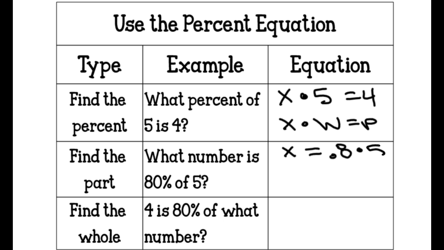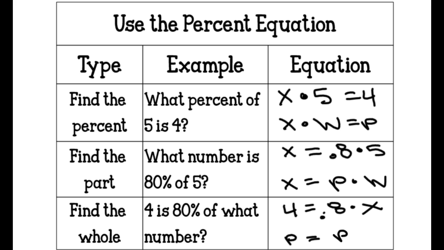So that would be x equals the percent times the whole. And then 4 is 80% of what number? This would be our part, and then our percent times our whole, what we're trying to find.